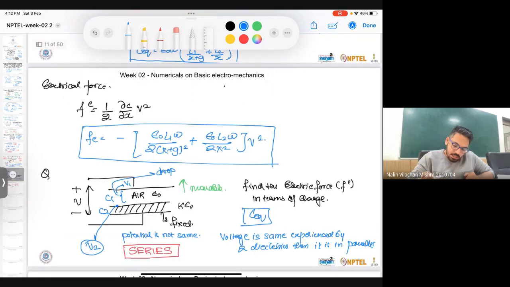Okay, do you guys need any other information like the area, length, D? So the area of this plate is given as A, and the separation here is given as X, and separation in this dielectric is given as D. Fine.